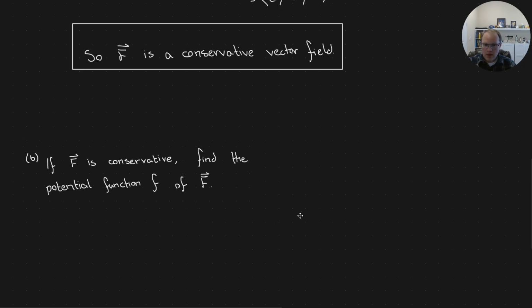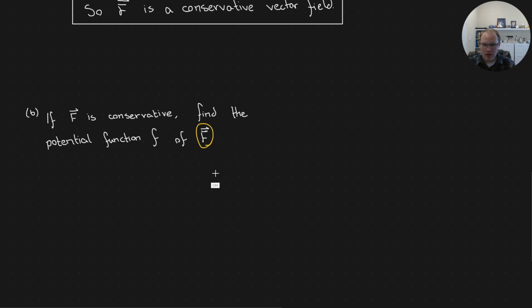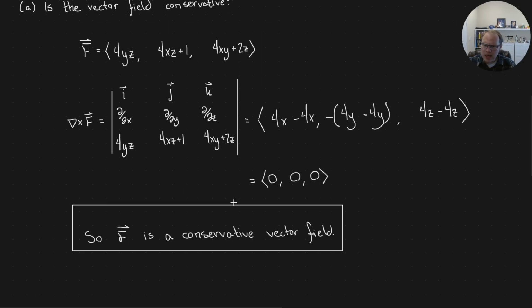The potential function of our vector field f means the gradient of our potential function, little f, is going to be equal to our vector field, big F. So the gradient of our potential function will be the partial derivative of f with respect to x, with respect to y, and with respect to z. I'm in three-dimensional space, so I have a three-component vector. And our vector field big F, what was it again?